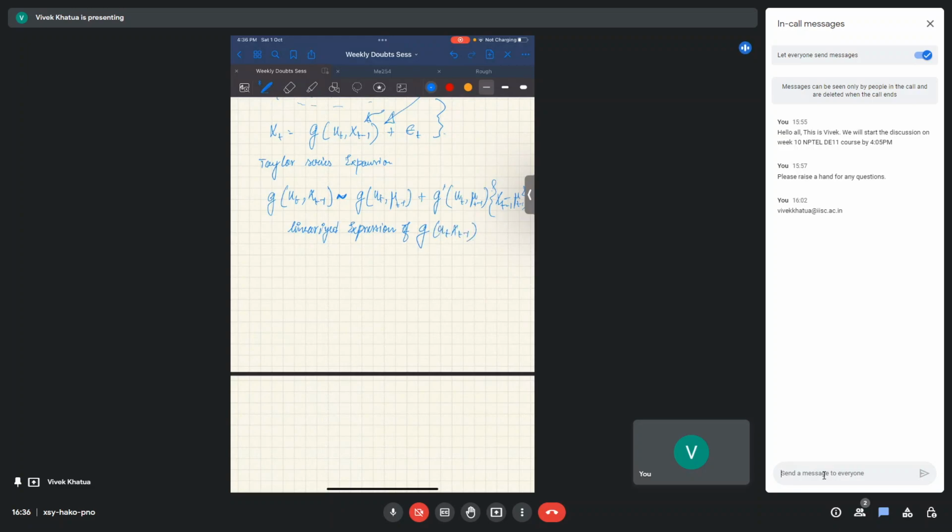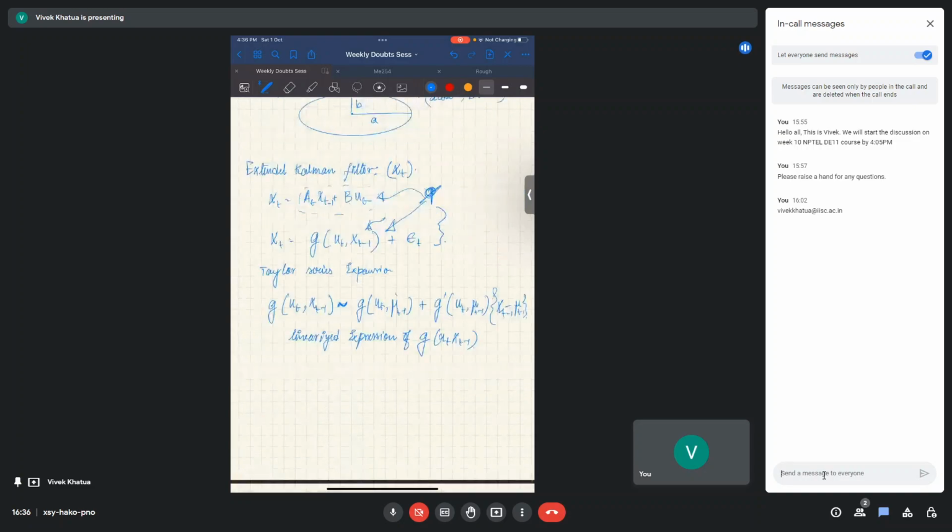Since I was talking about when my pole changes, here this is nothing but this mu t minus 1. As time progresses, because of the control signal, I may have moved to a new location. Around that mean, I linearize my expression.